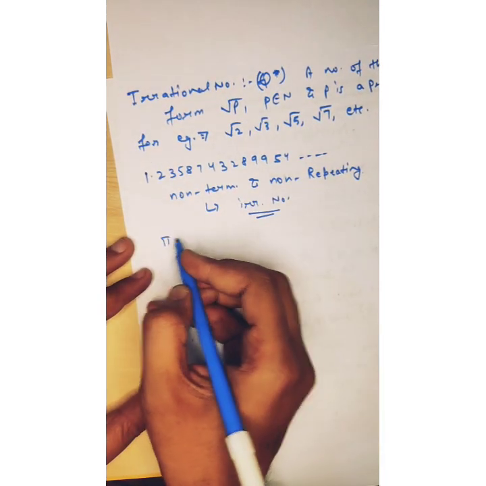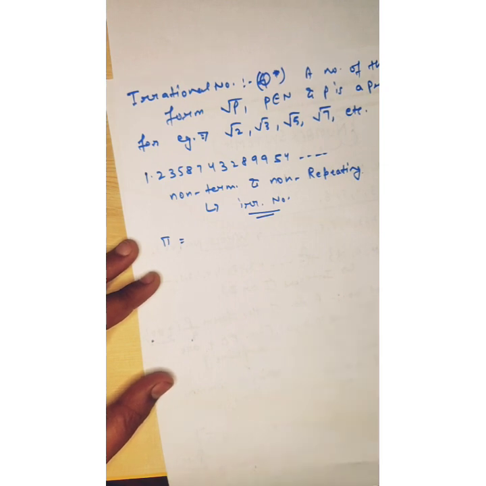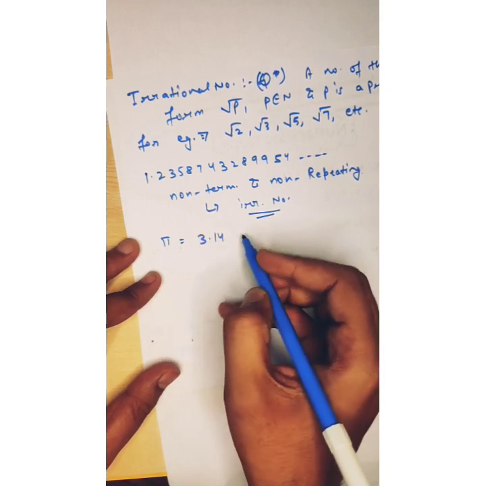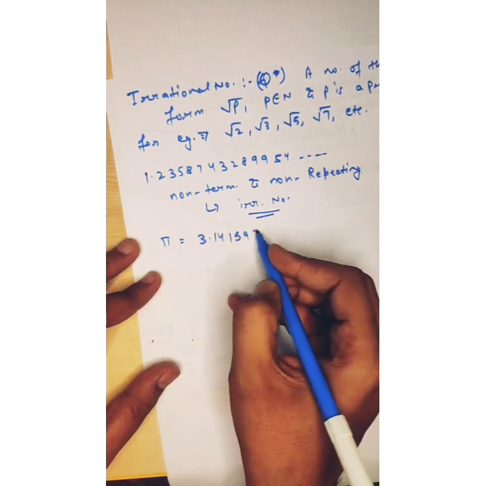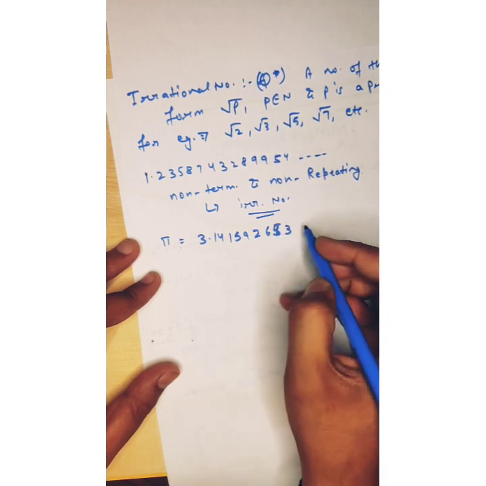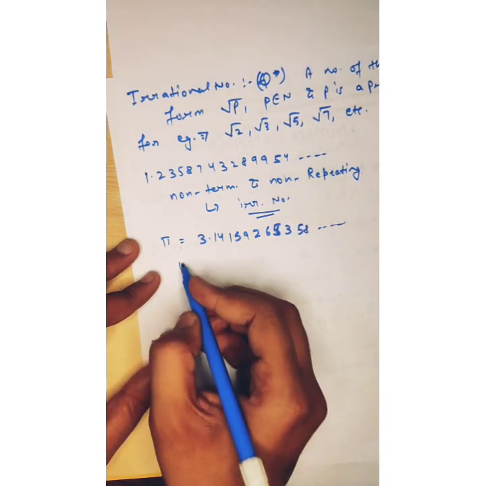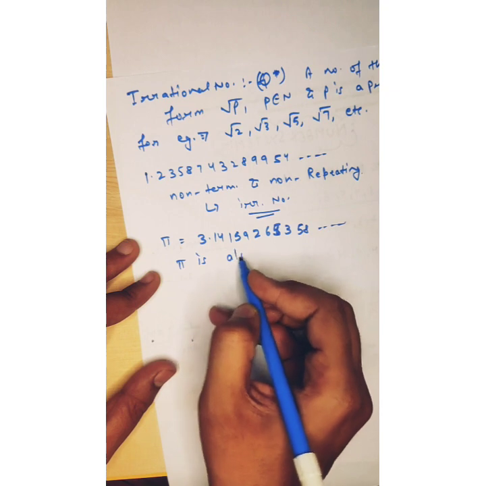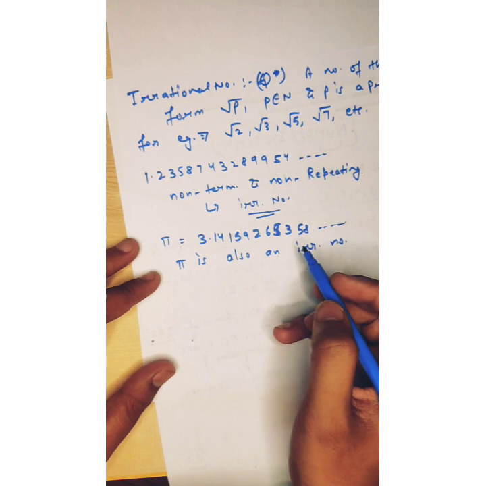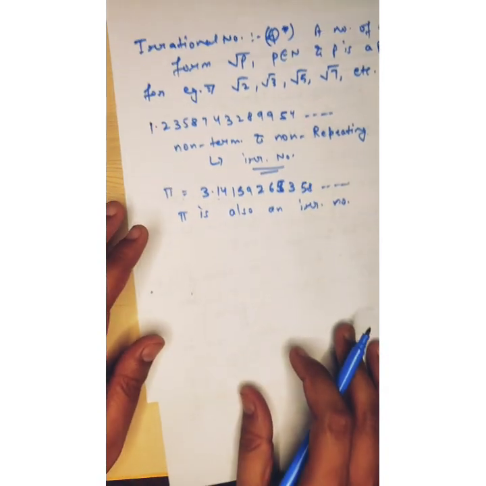Also the number pi, the value of pi is 3.1415663 and so on. Here pi is also an irrational number. Why? Because pi has a decimal expansion which is non-terminating, non-repeating. So this is all about irrational numbers.